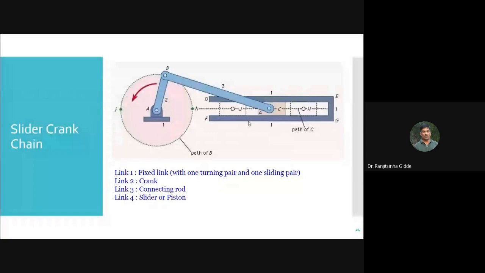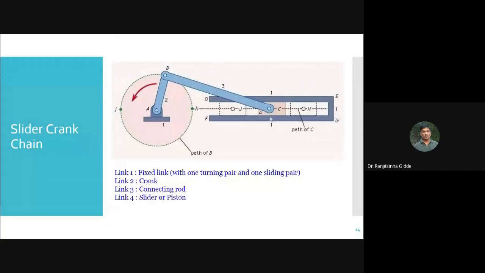So what is the definition of the mechanism? If one of the links is fixed, then that kinematic chain we are going to call as a mechanism. So here with the help of mechanism we can get one definite motion.